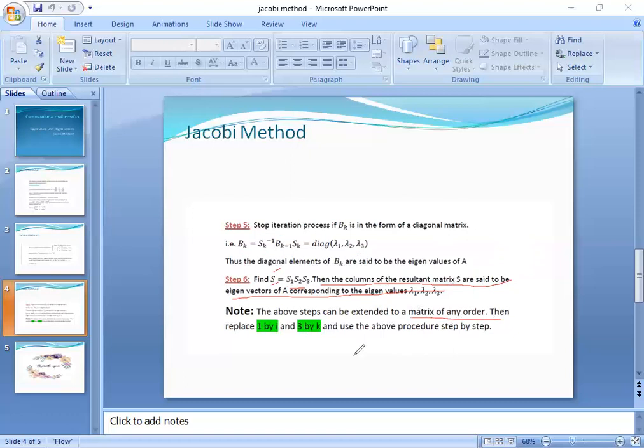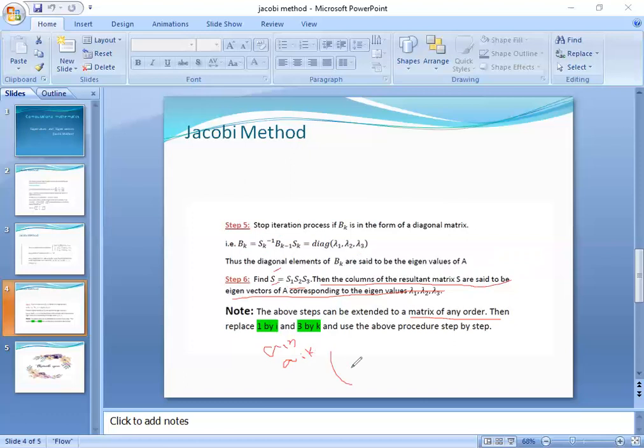In such a case, for the largest element, instead of A13, we can take this element in general as Aik. Here i corresponds to the ith row and k corresponds to the kth column.